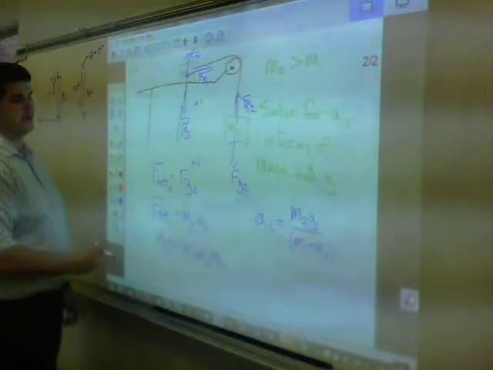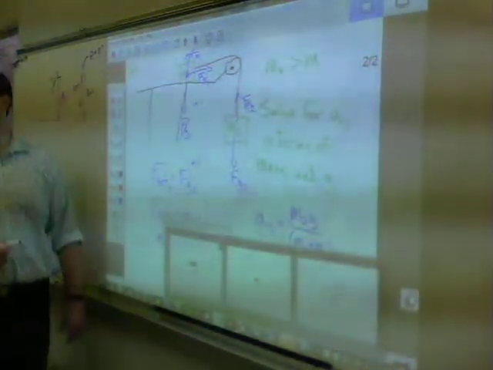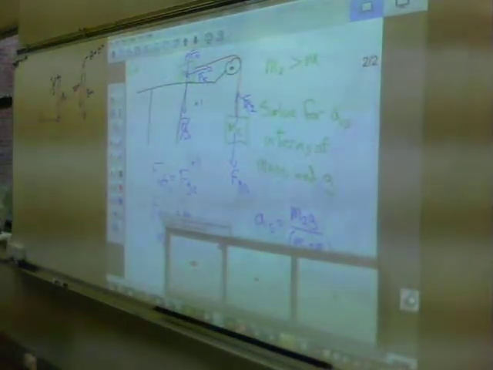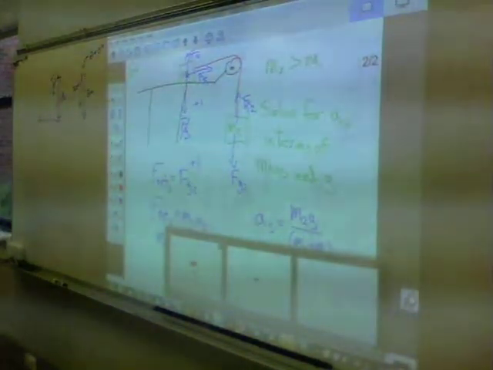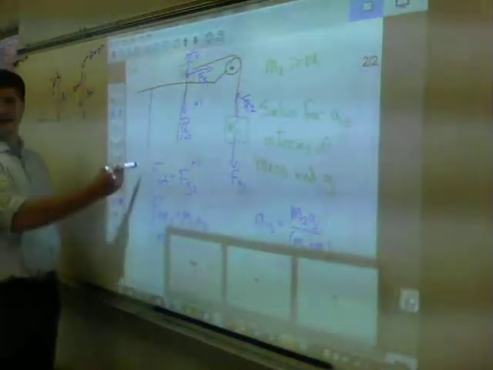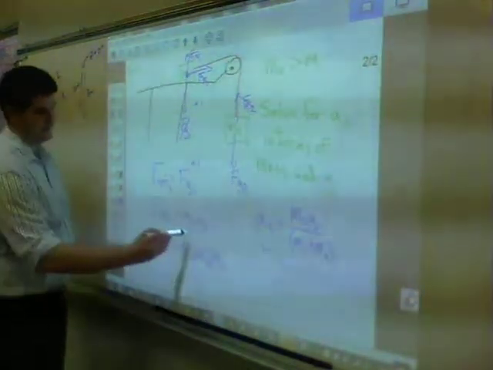Then 1 point for getting the correct answer. So it's usually like a 7-point problem, and only 1 point is for getting the correct answer. The rest is showing your work, starting from a clear idea and working your way down. Generally, a clear idea is like Newton's second law, conservation of energy, and that kind of stuff.